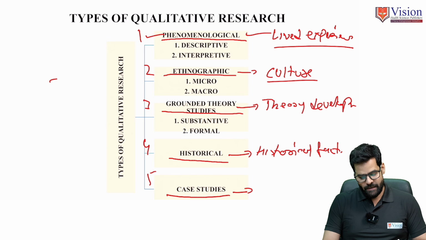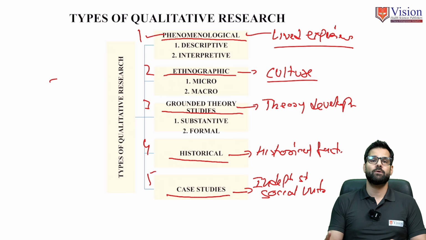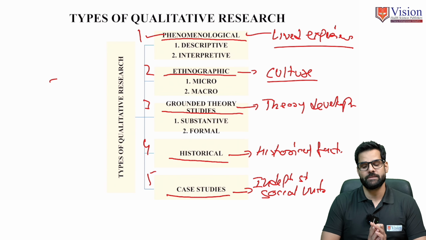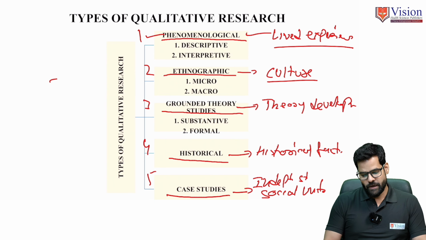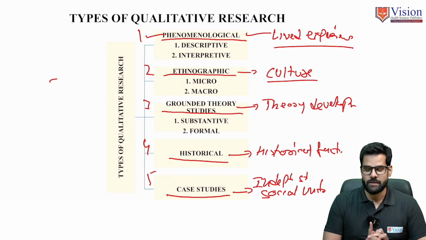Case study is an in-depth study of social units. Social units could be an individual, a society or a family, but studied in detail. So, the one-word meaning of all these designs: phenomenological study, the experiences that you live 24/7. Ethnographic study, the culture.